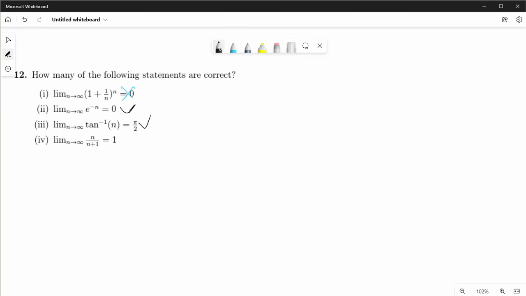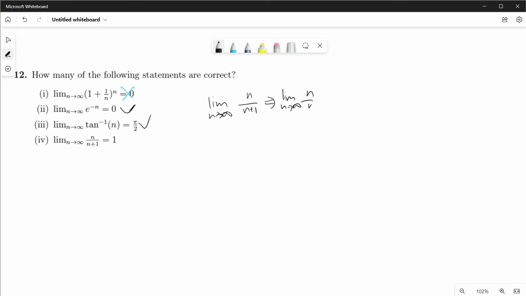And then number 4, the limit as n approaches infinity of n over n plus 1. As n approaches infinity, this n plus 1 is not going to matter as much, which means we can just drop it.